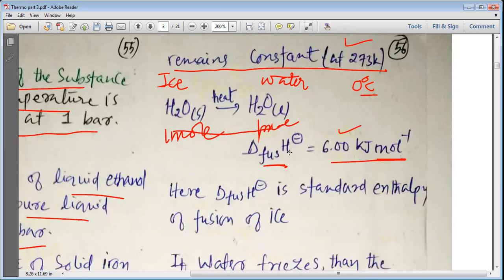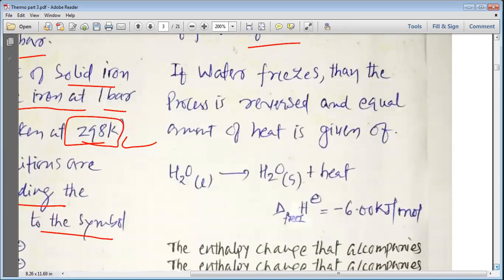So it is an endothermic reaction and the sign is positive. So delta fusion H in standard condition is 6 kilojoule per mole. Here delta fusion H is the standard enthalpy of fusion of ice.